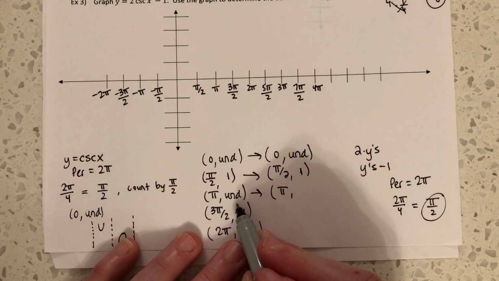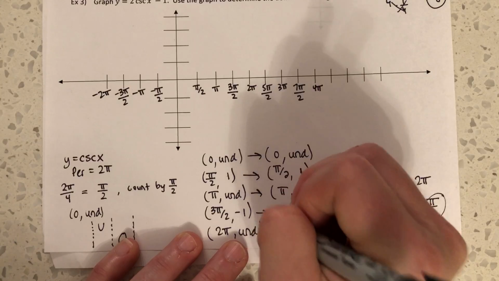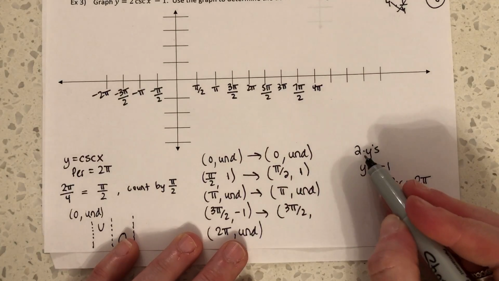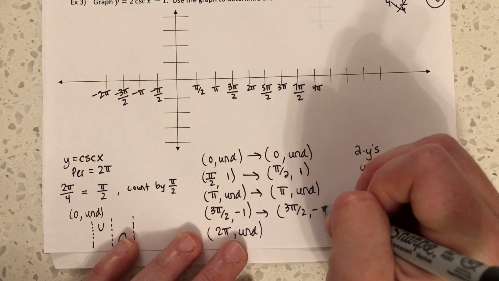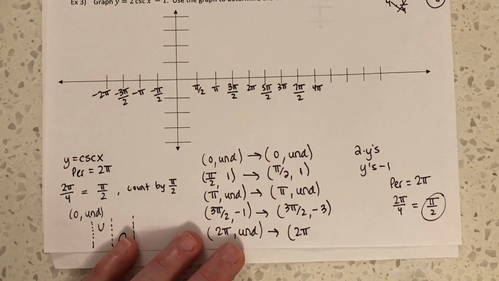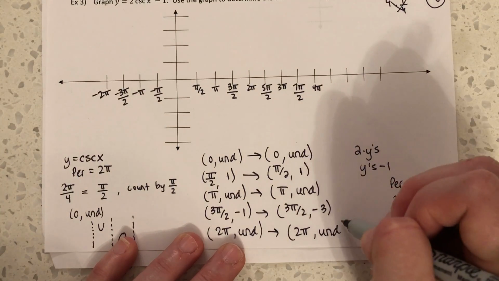Take your undefined, times it by 2 minus 1, but that's undefined. Leave your x alone. That's 3 pi over 2. Take -1, times it by 2, that's -2, and then minus 1, so that's -3. And then 2 pi stays the same, x's didn't change. Take your y, times it by 2 minus 1, but that's still undefined.